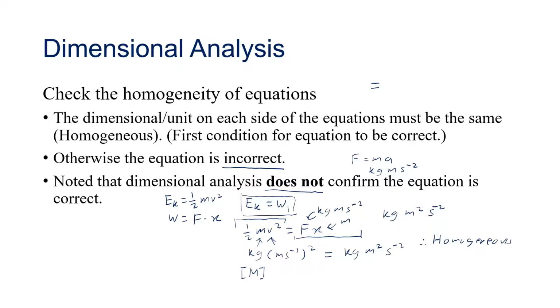Now, let's talk about the dimension. The mass has a dimension of capital M, and velocity has a dimension of length L per time T, where T is the dimension of time. Here, because this is per, it is a power of -1.